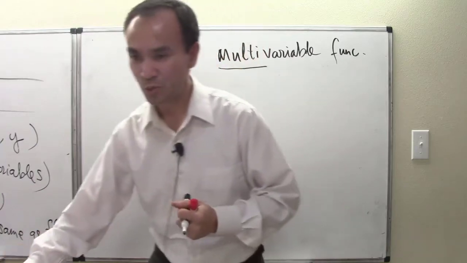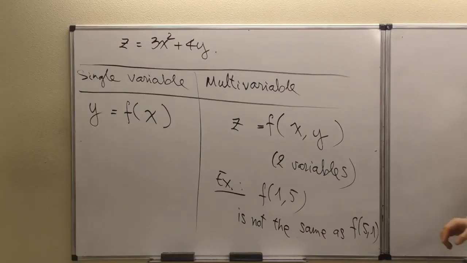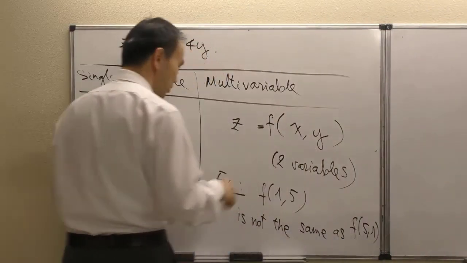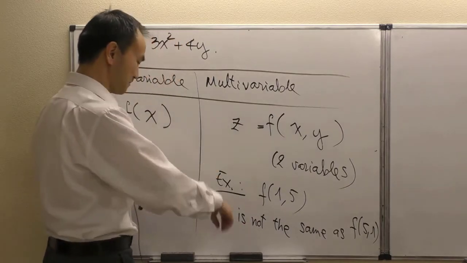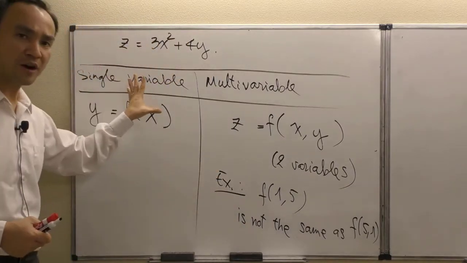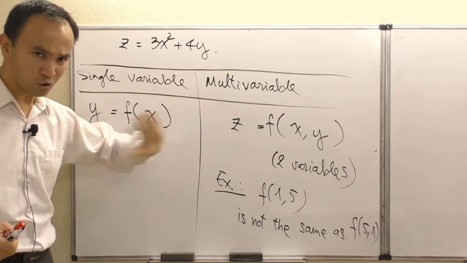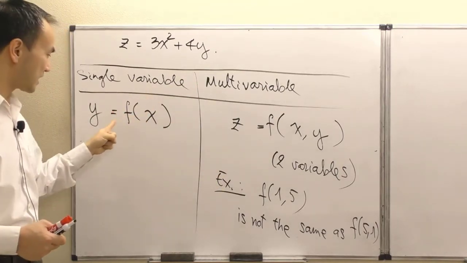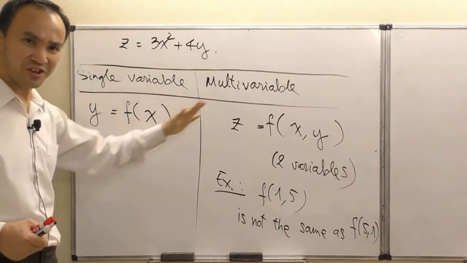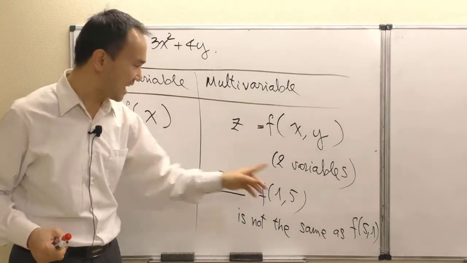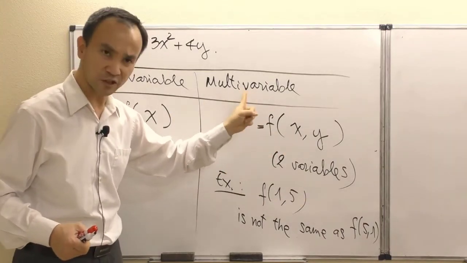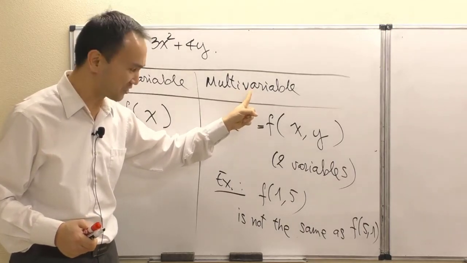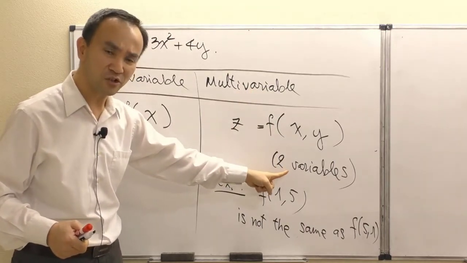Now let me swing to my other board. Back on this little chart, in the old days the functions that we worked through the whole time before this point were functions of one single variable, so f of x. And just now we started getting into multivariable functions, starting with 2 variables.